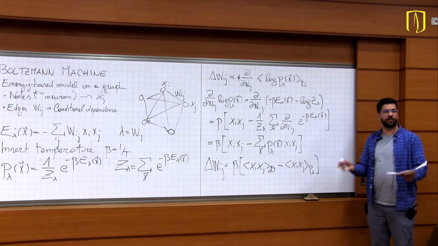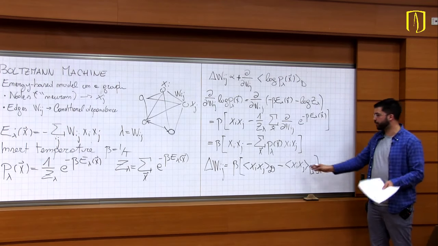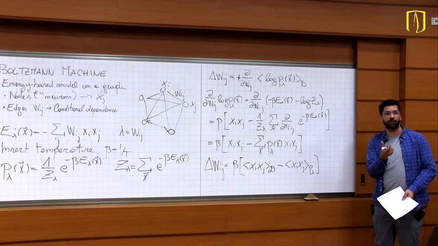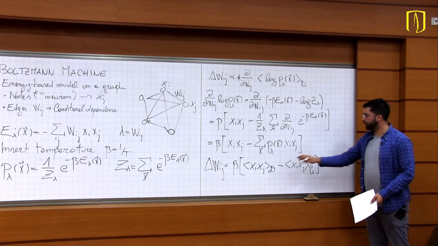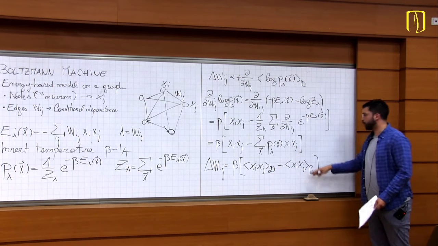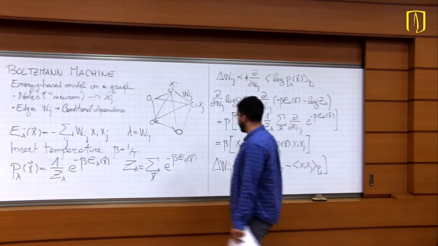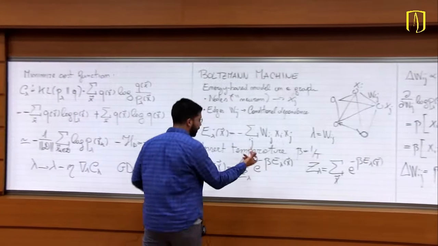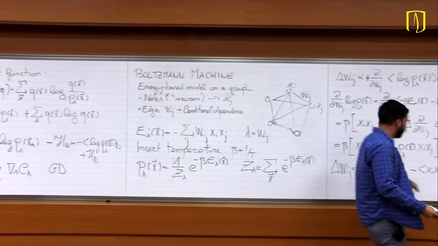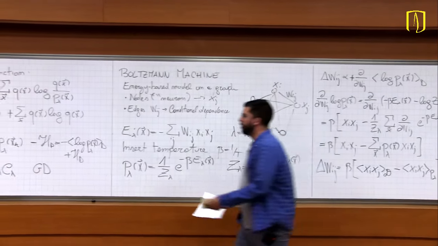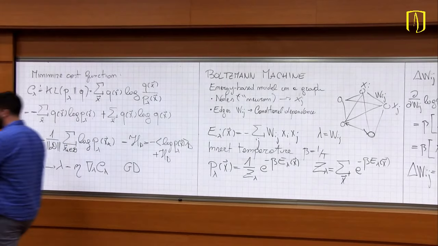So you see that this is the difference between the average correlation function from the data set minus the one calculated with respect to the model. Okay? And this is very important, it's going to be essentially the same for the restricted Boltzmann machine, but we're going to have latent variables.